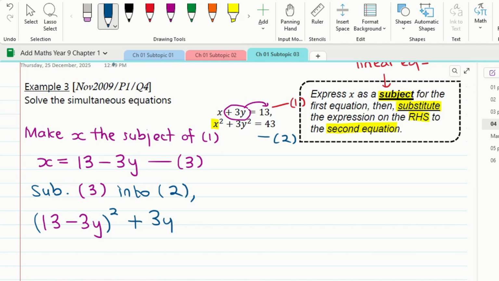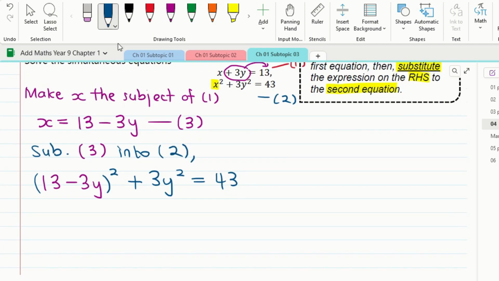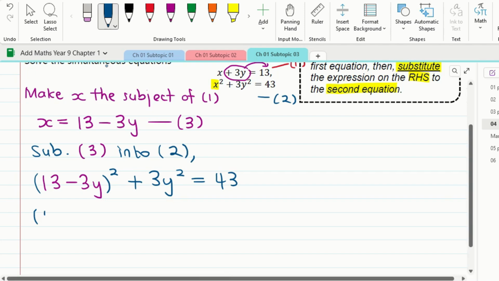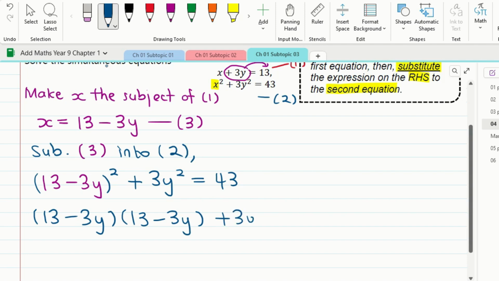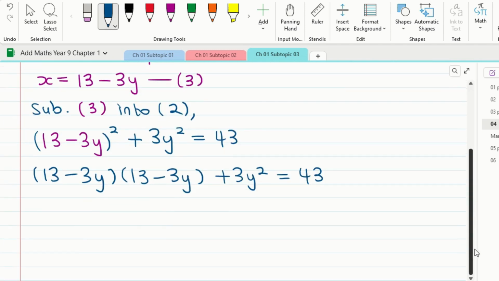The whole expression is (13 minus 3y) squared plus 3y squared equals 43. This is the second equation. Now for the square, this means the expression has a double bracket, (13 minus 3y)(13 minus 3y), and the rest of the expression is still there, plus 3y squared equals 43.